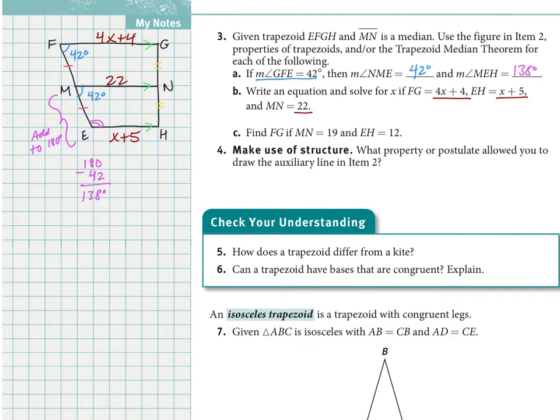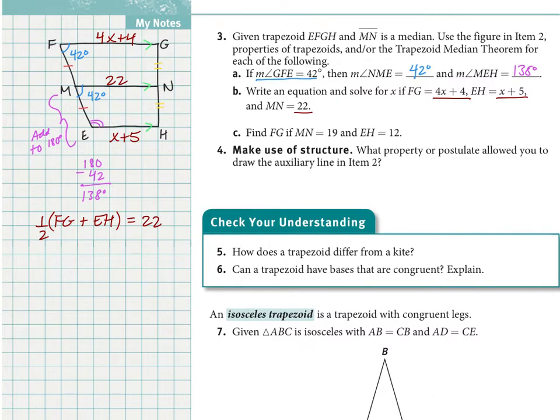Remember, thinking about this, we learned for the trapezoid mid-segment theorem that if we add FG plus EH and multiply this by a half, or we could say divide by 2, finding the average of those two bases, it's going to equal 22.